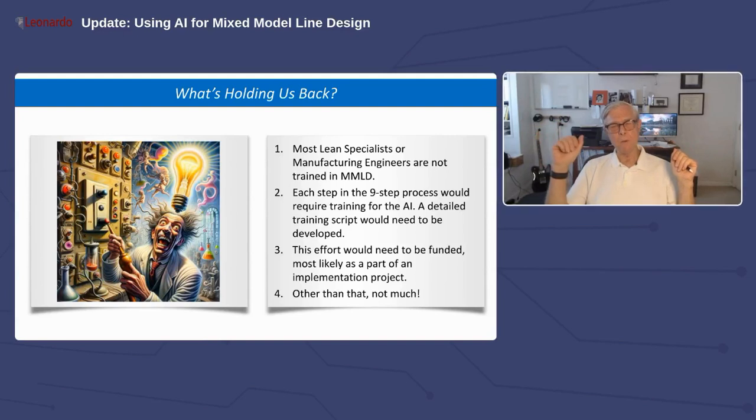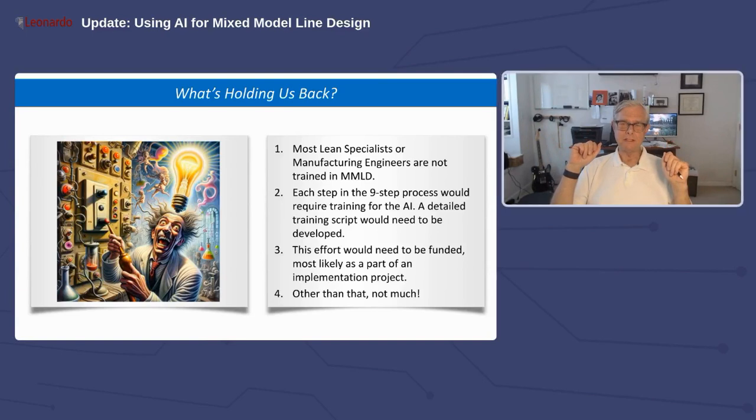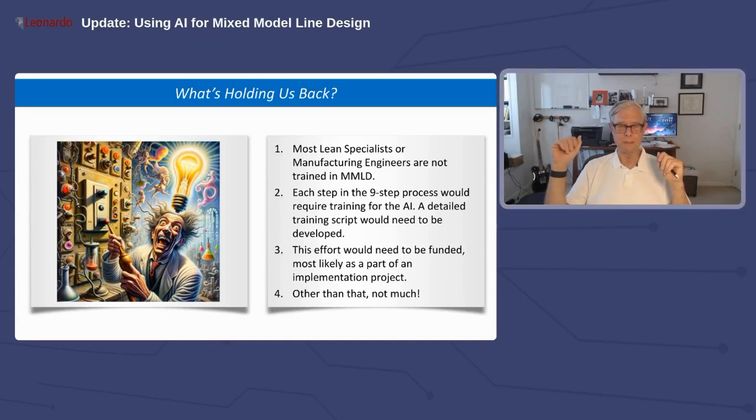Next one, every one of those steps that we just went through in our 9-step process. I mean, you could have a 20-step process, however you want to slice it, but we have a 9-step process. It's going to require training the AI or training the assistant in each of those steps. And the training script is going to have to be pretty detailed and accurate. That's going to take some time, but that's how the AI assistant is going to know what to do at each of these steps.